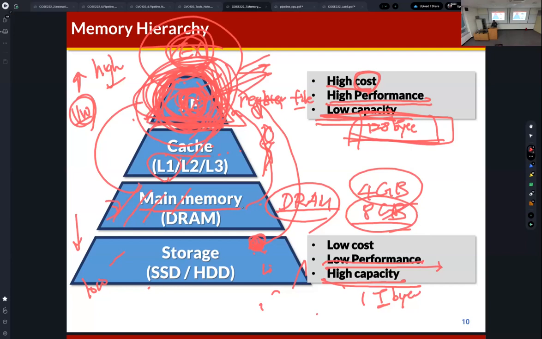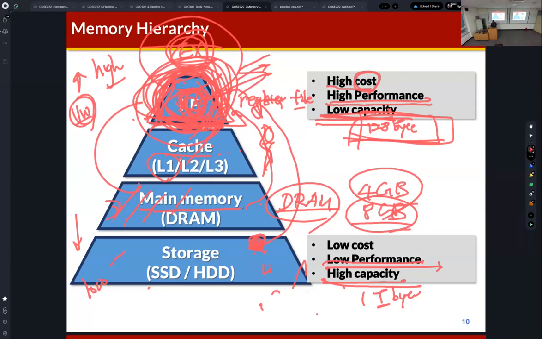Actually the memory is slow when the memory size is large. So if we want to use faster memory, then we need to use smaller memory.